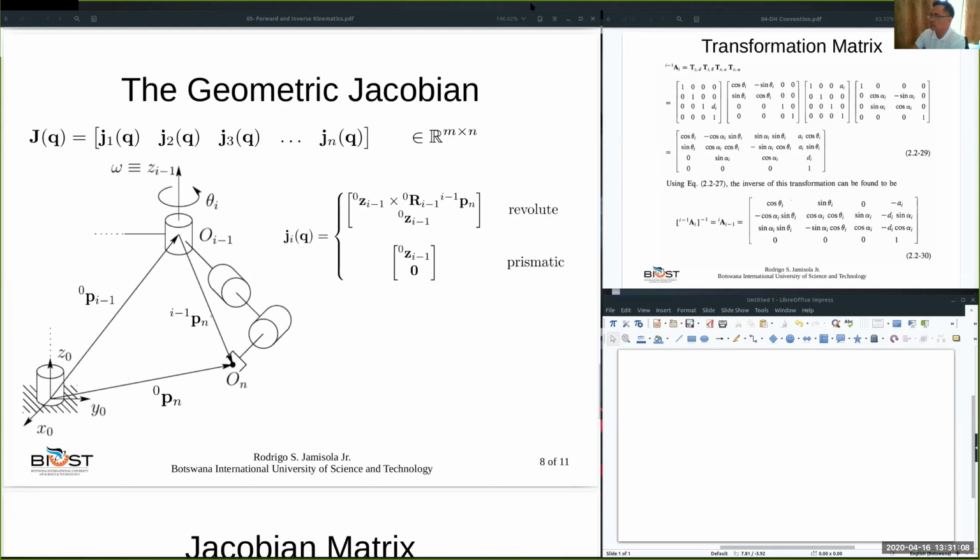It doesn't come out. Okay. Yeah, annotate. Okay.